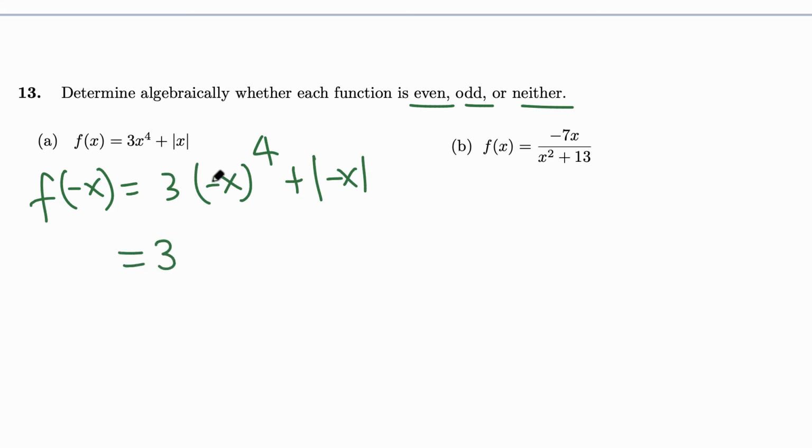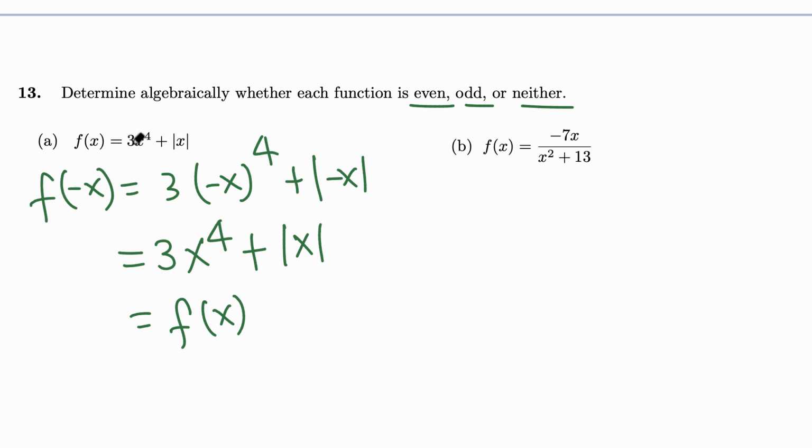When we multiply negative an even number of times, it's positive. So x to the 4th. And absolute value of a negative or positive number is always the same. So absolute value of negative x is the same as absolute value of x. Okay, but this is back to the original function, so this is the same as the original function.